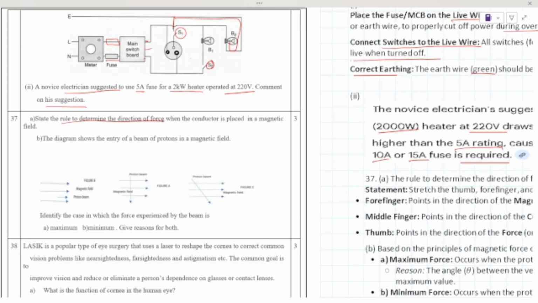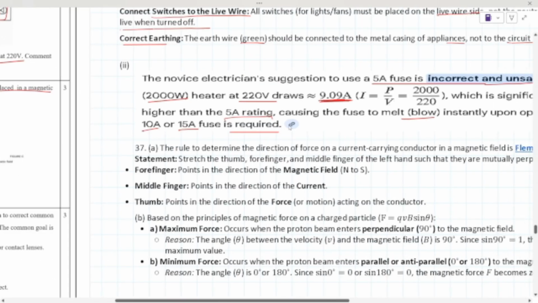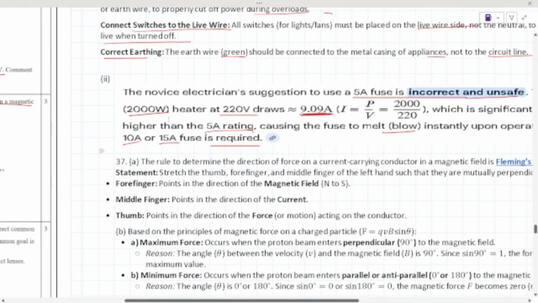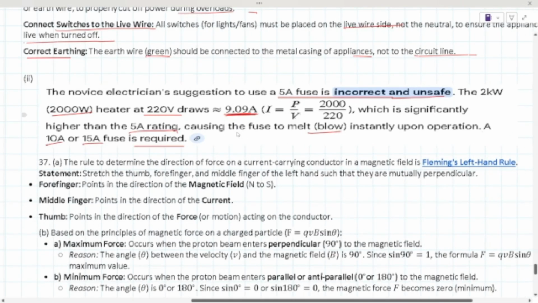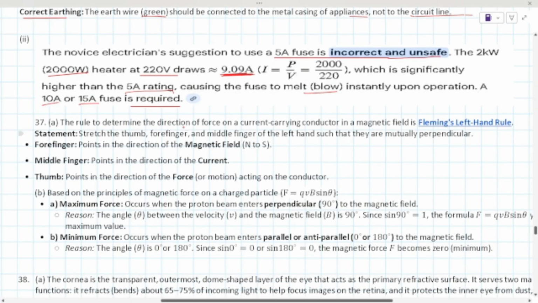The rule to determine the direction of the conduction of the magnetic force. Yes, let's see here. So the rule to determine the direction of force on a current carrying conductor in a magnetic field is the left hand rule, not the right hand rule.